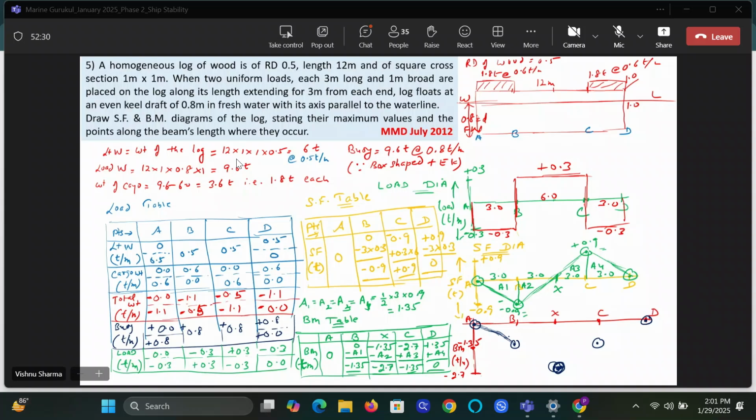From B to X, it is base to vertex, so it will remain steep and then become horizontal here because it's a vertex at X. The other side will be a mirror image of it. This is vertex to base, so it will be horizontal here and steep here. And of course, it will be like this here. Do you agree with me? Something like this will be the BM curve. This will be minus 1.35, minus 1.35, and minus 2.7.